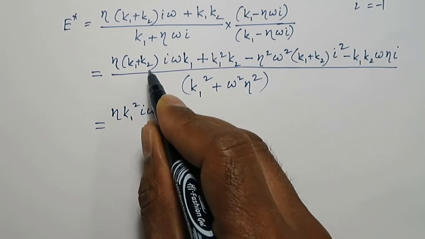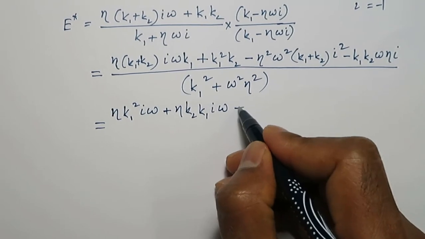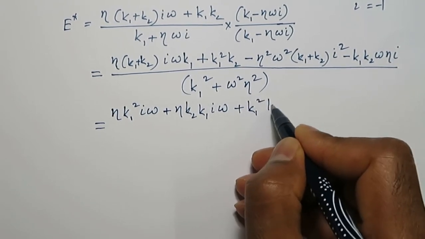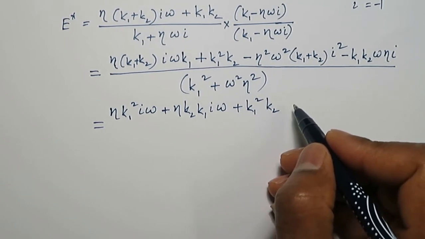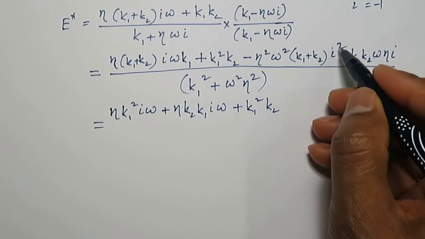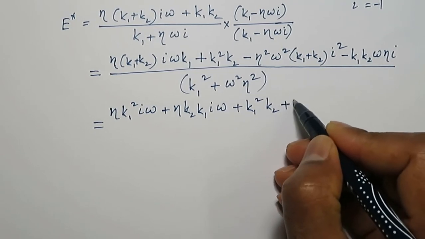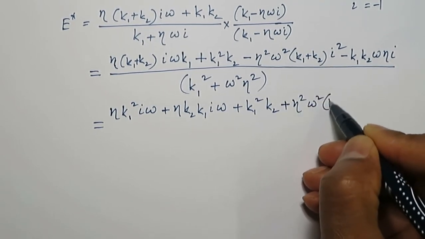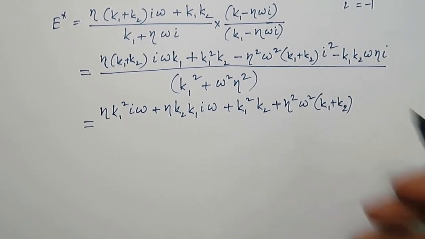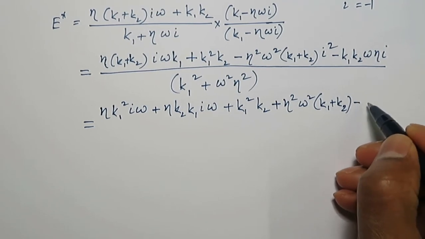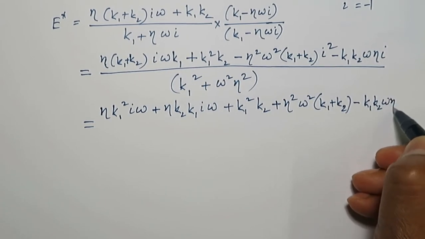plus eta k2 k1 i omega plus k1 square k2, so here i square becomes minus 1, so therefore it will become plus eta square omega square (k1 + k2) minus k1 k2 omega eta i.